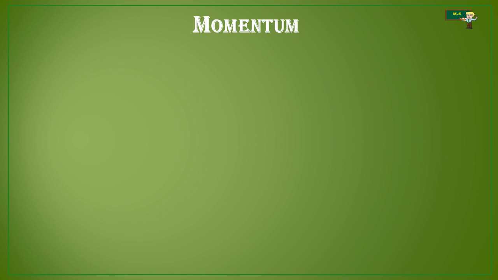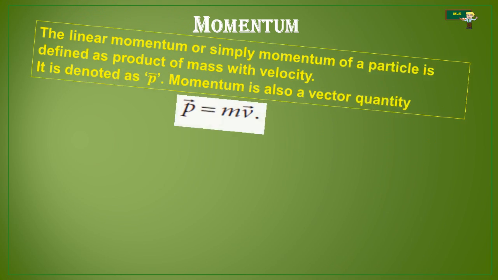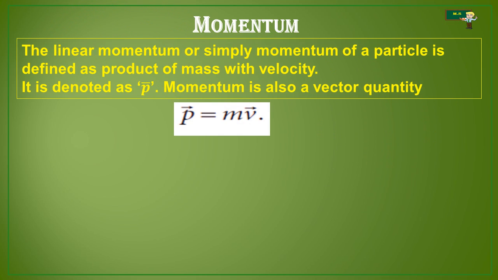Now let's see what momentum explains. The linear momentum, or simply momentum, of a particle is defined as the product of mass and velocity. The momentum is denoted with p vector.